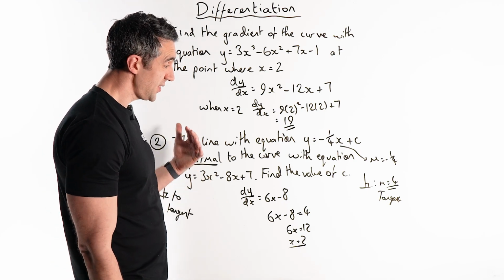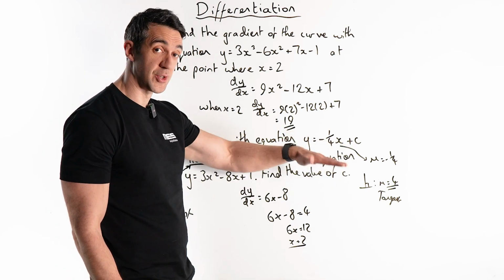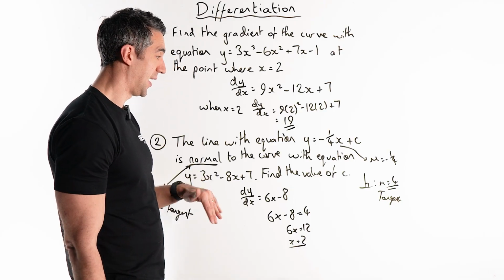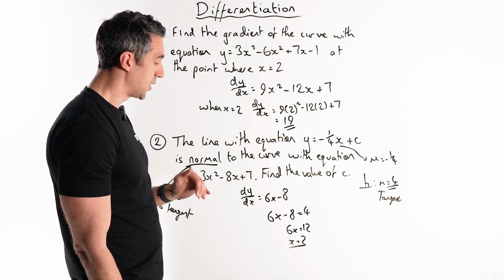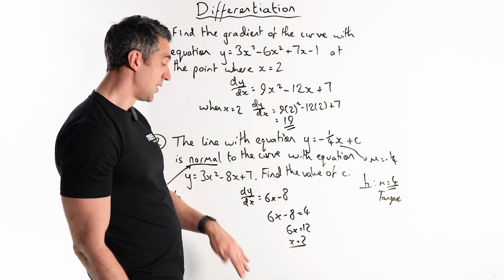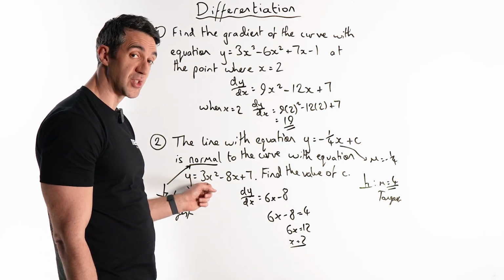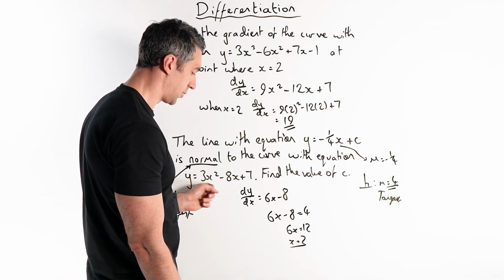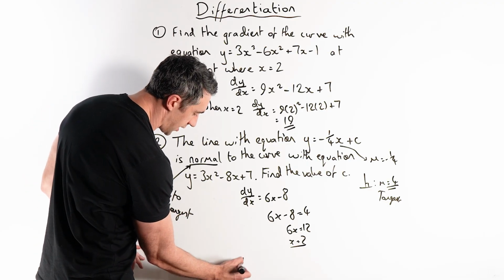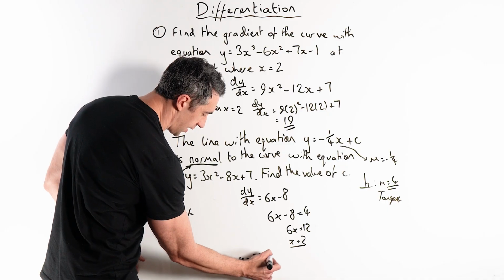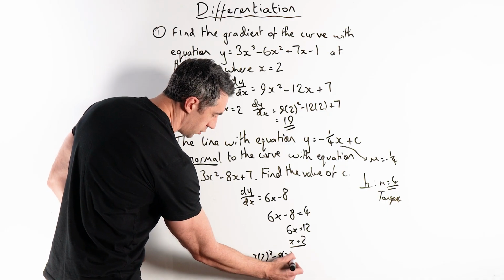So this equation of the line has to intersect our curve at that point where that's the gradient. So we need to find out where that point of intersection is. We know that x equals 2, so we can take that and substitute it into our curve equation to find out what y would be. So y equals 3 times 2 squared minus 8 times 2 plus 7.